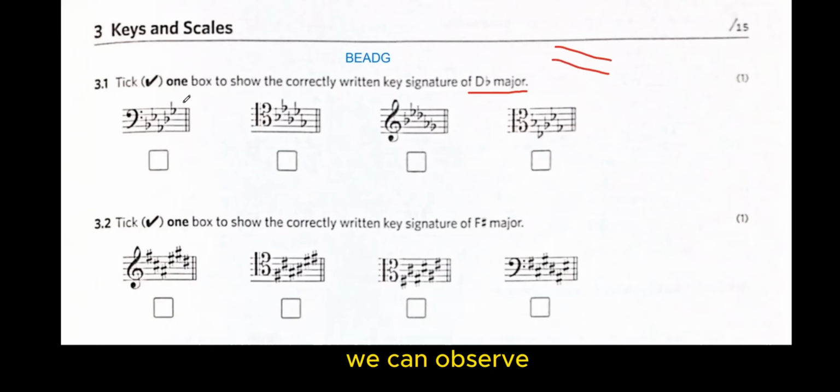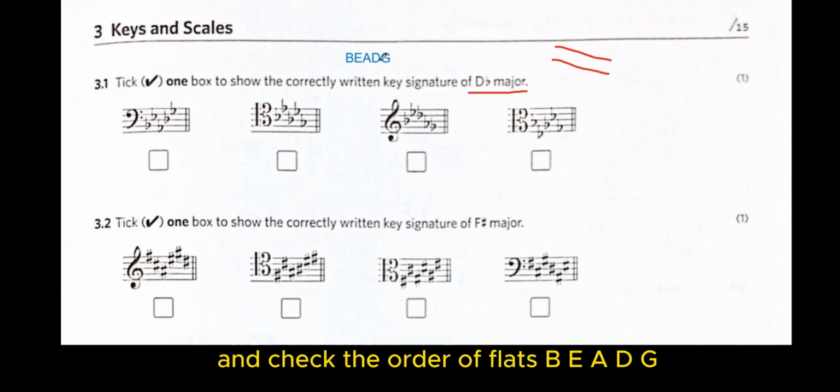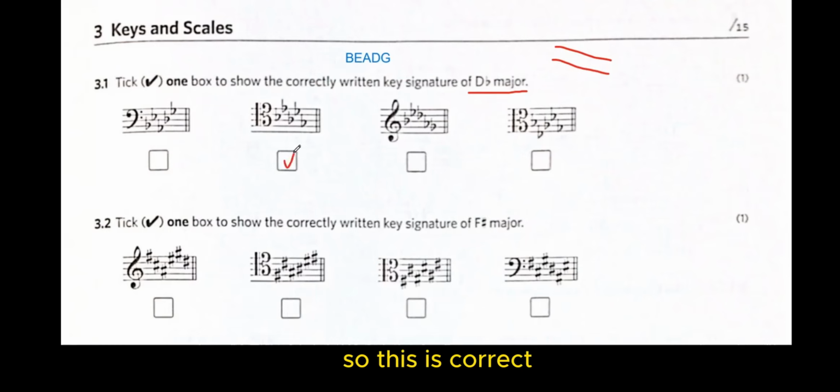We can observe the first one is not the correct order. The third one also not parallel lines. And the last one is also incorrect. So we have only the second one with 2 parallel lines. And check the order of flats B, E, A, D, G. So this is correct.